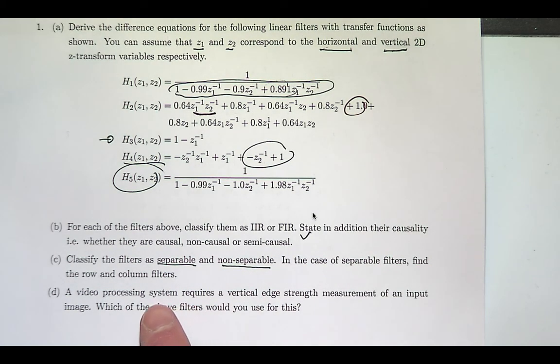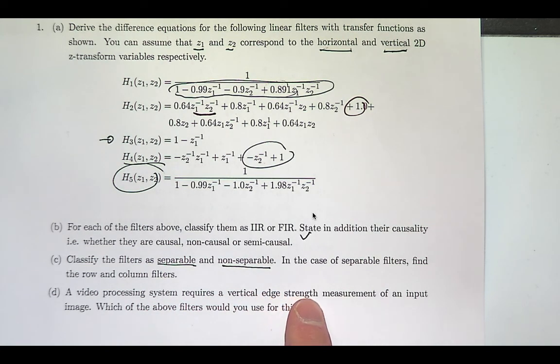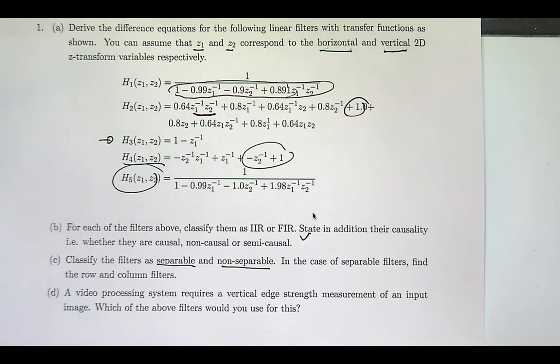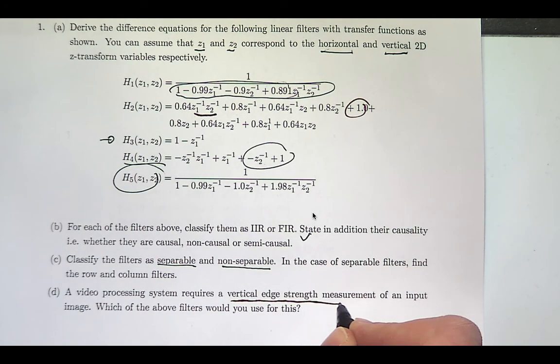So a video processing system requires a vertical edge strength measurement of an input image. Which of the following filters would you use? Okay, so we're looking at edge measurements, and we're looking at vertical edge strength measurements.